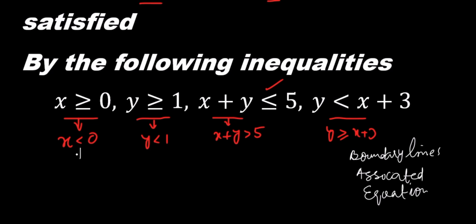The boundary line of x less than 0 is simply the equation x equal to 0. That is just obtained by replacing the less than sign with an equal sign. Similarly, the boundary line of y less than 1 is y equal to 1. The boundary line of this inequality is x plus y equal to 5, and for the last one, its boundary line is y equal to x plus 3.